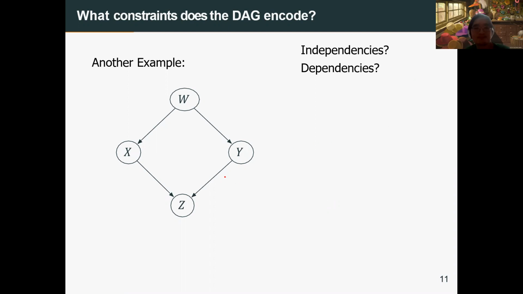Maybe the easiest one to look at is the relationship between X and Y. So we know that X and Y are going to be independent of one another if we're given just W, because W is the common cause, right?